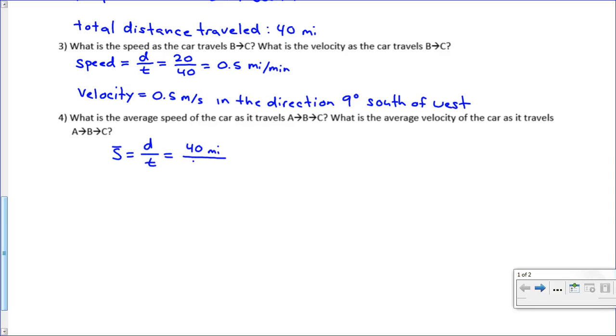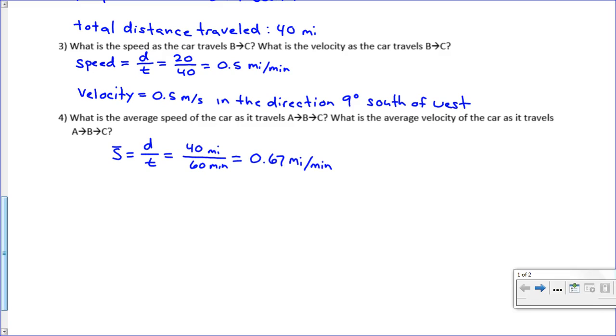And the amount of time it took was 60 minutes. So 40 over 60 gives you 0.67 miles per minute. All right, that's your average speed.